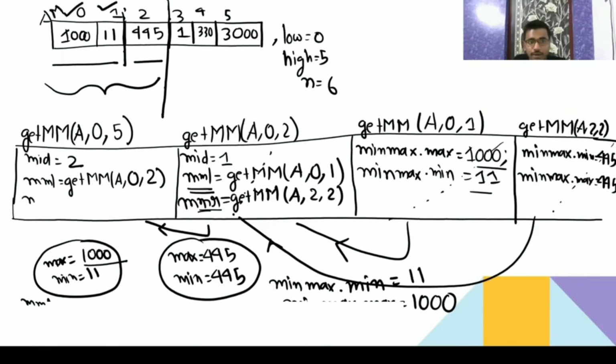Now on the right hand side you will do get min max on the array, with mid plus 1, which is 3, then 5. Same way you will execute and find the max and the min.